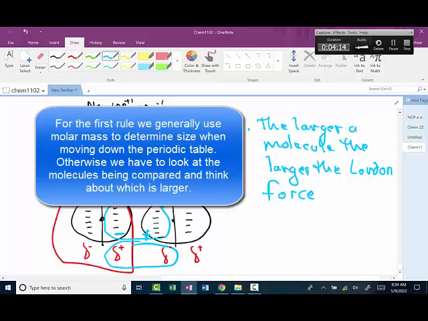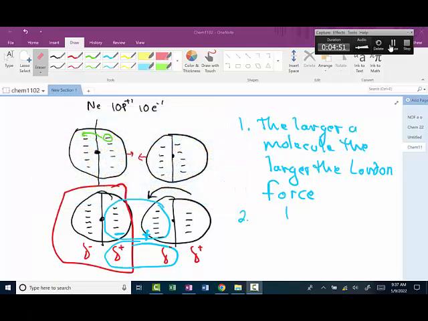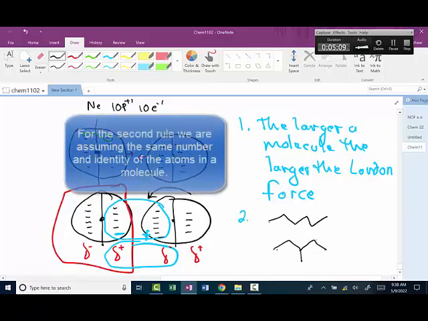That's the first rule. The second rule is that the more linear a molecule is, the closer they can get together, and so the larger the London forces. So if I draw a molecule as like a stick, this would have 6 atoms, and this one would have 6 atoms at each corner.